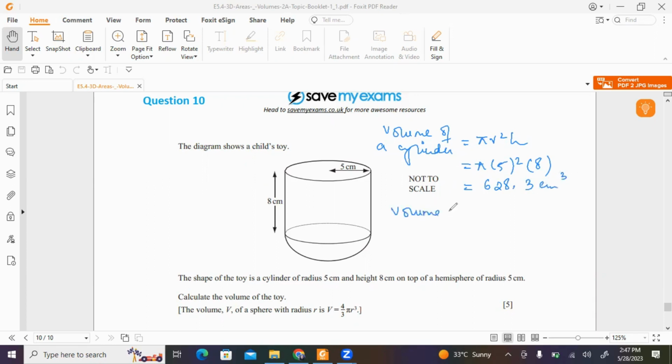Now the volume of the hemisphere. We use the same formula that we've been using, 2 over 3 pi r cubed.